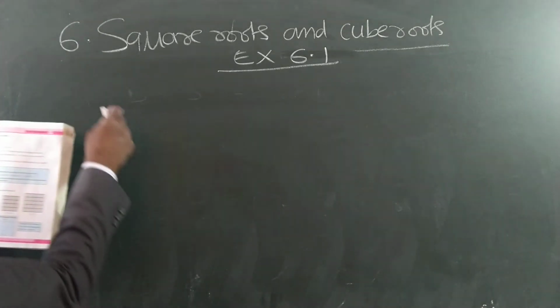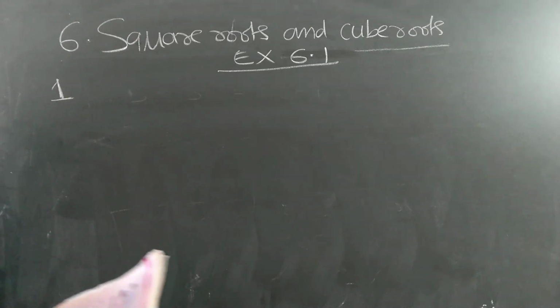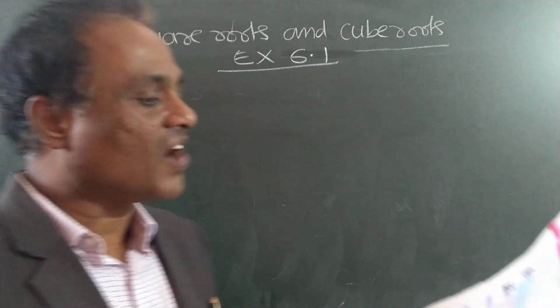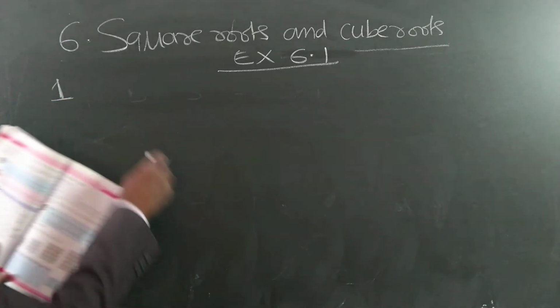Exercise 6.1, first question. What will be the unit digit of the square of the following number?